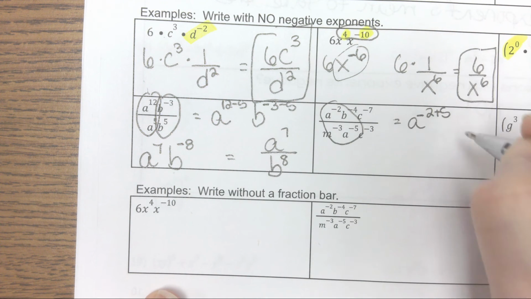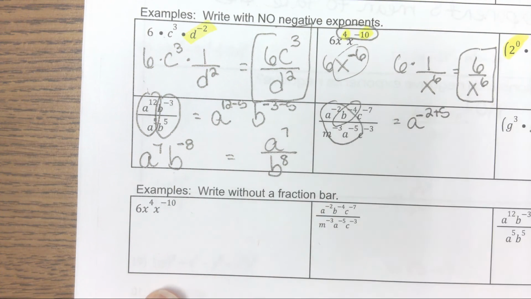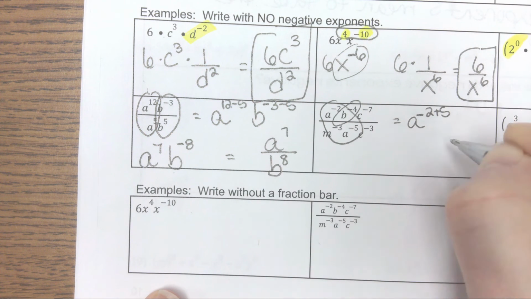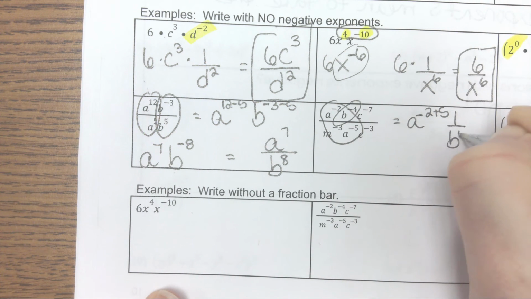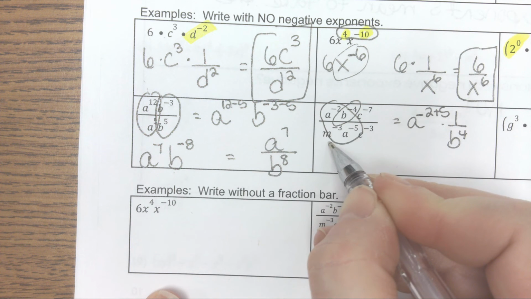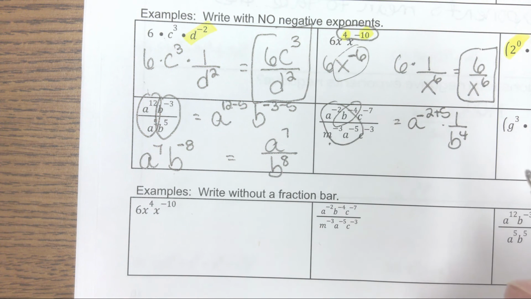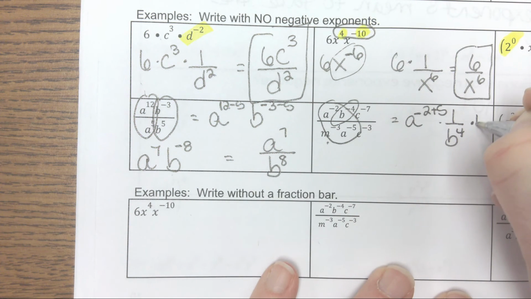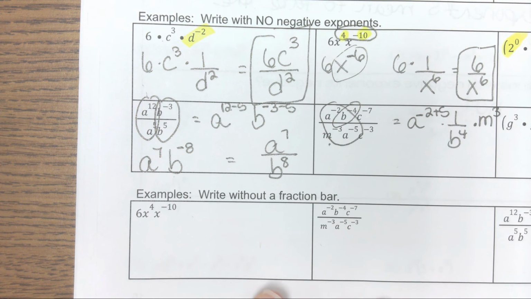Okay. The b to the negative 4th is 1 over b to the 4th. If the m to the negative 3rd is on the bottom, I move it to the top. So it becomes m to the 3rd over 1.